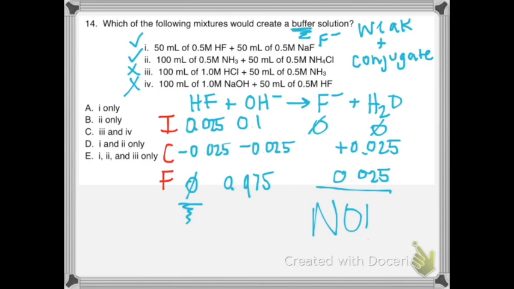Okay, so that makes D the correct answer here. Only 1 and 2 make buffers. So whenever you have something like this, where you have something weak reacting with something strong, you need to make sure you have excess of the weak. And then you'll have a buffer. Okay, but writing out the ICF tables helps you see that.